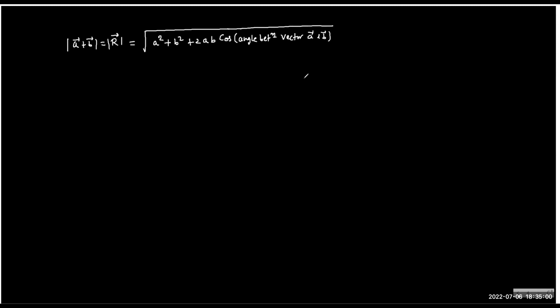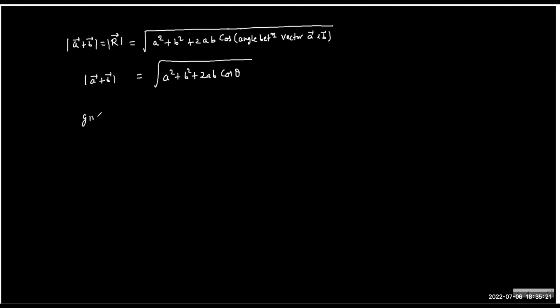And now if you choose the angle symbol theta, this will look nice. What can you write now? Simple, fair enough. So mod of A plus B is how much? This much.